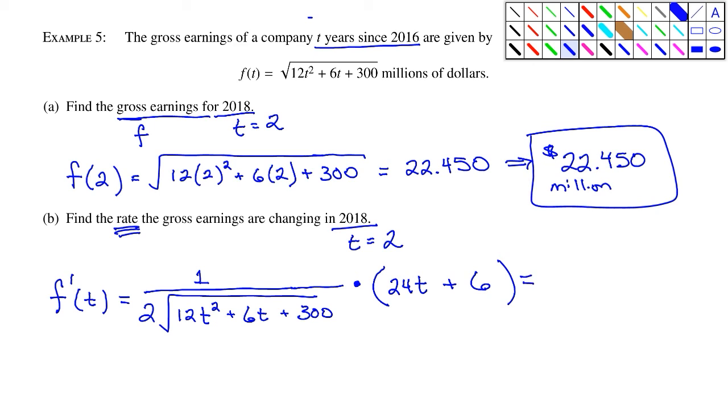I can simplify this by dividing the 2 into the 24t plus 6. That leaves me with 12t plus 3, all divided by the square root of 12t squared plus 6t plus 300.